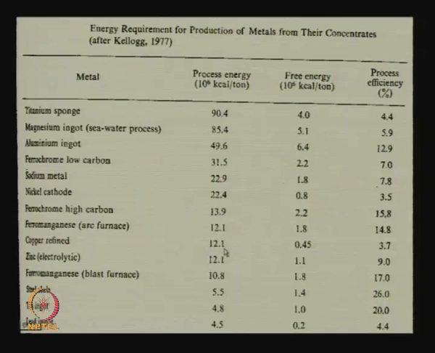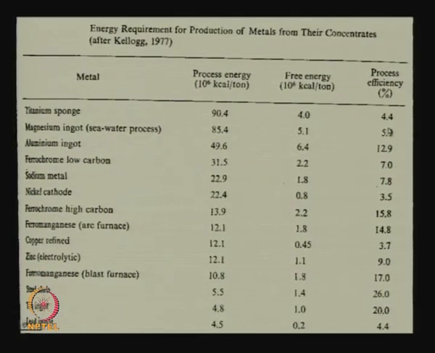Wherever there is an electrochemical step coming, you will find there will be a difference between this and this, and it will be more. Only in the case of tin and lead, we find that the difference is not so much, because one does not need that much energy to decompose to get lead or tin or steel from the concentrates. But the last column is significant.